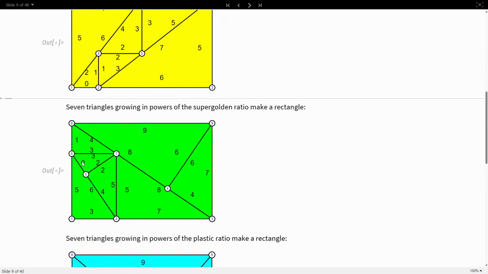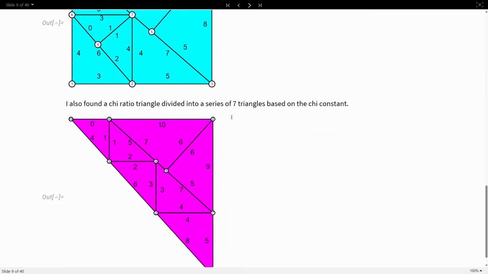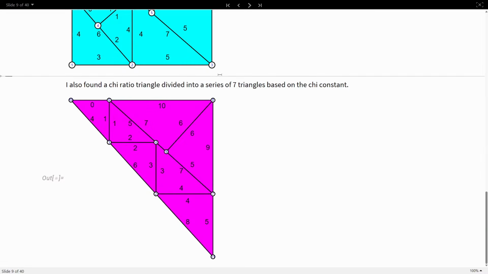These are all scaled versions of the 0, 2, 3 triangle in the square root of the super golden ratio. The plastic constant also works with 0, 1, 3 as the powers for the triangle. And the chi ratio, I haven't been able to find a rectangle yet with a progressive series for chi, but this is a triangle that they make.